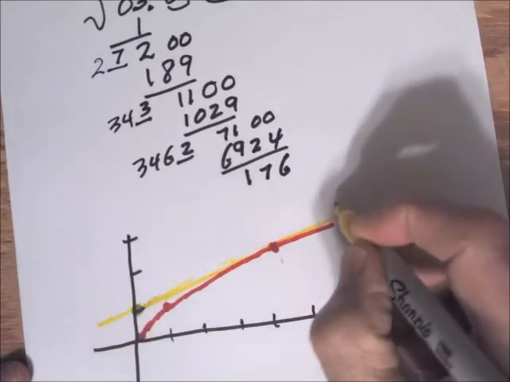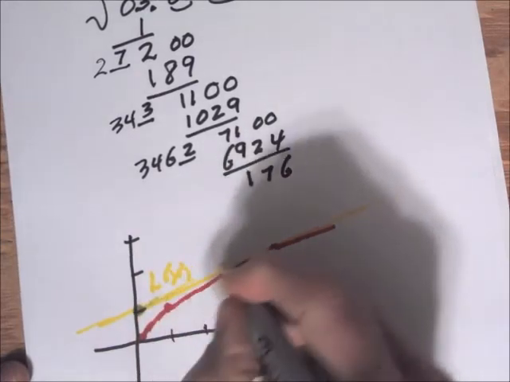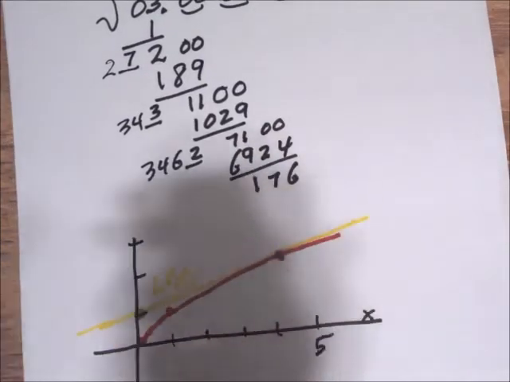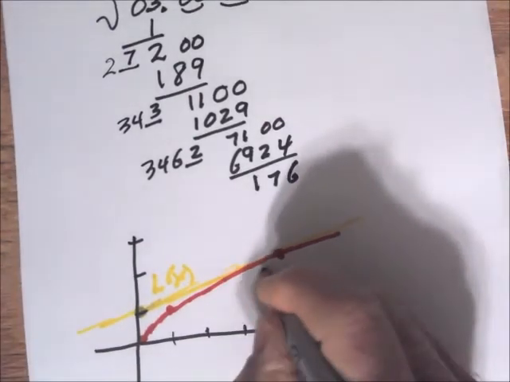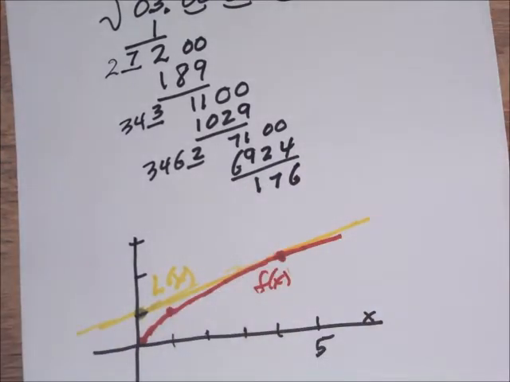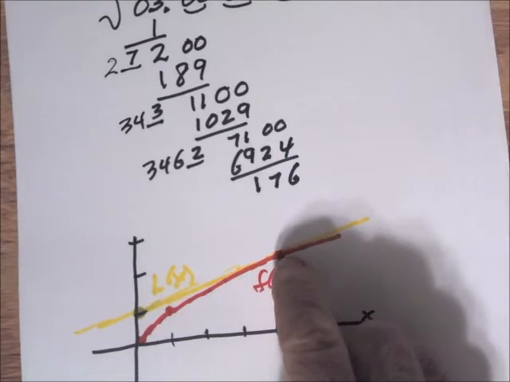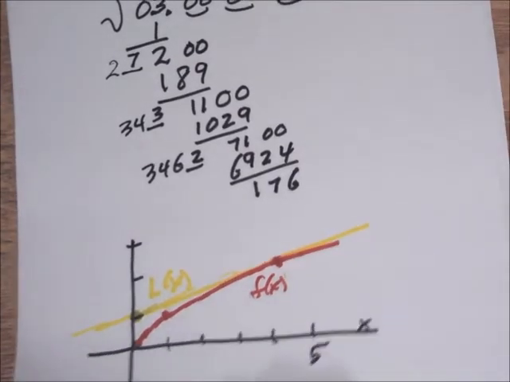So this is L of x here, and the original function is in red. That's f of x, and you can see that if x is close to 4, then L of x is going to be pretty close to f of x. So that's sort of the graphical idea.